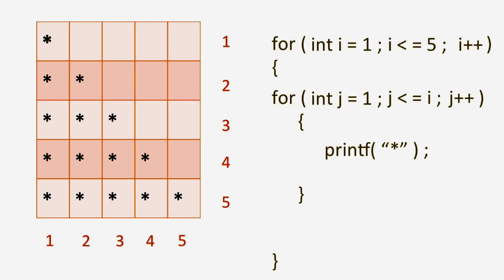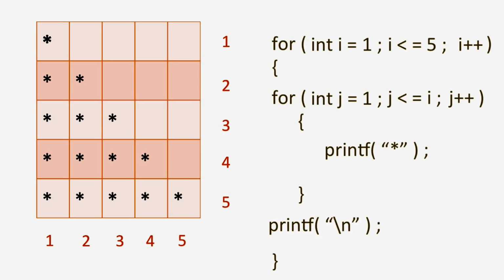Because in each row we are printing the stars one after the other in the same line. But as we know, we need to shift each time a row is finished. So we come out of the loop and print a new line so that the next row is worked on, and that's it. That is our first pyramid.